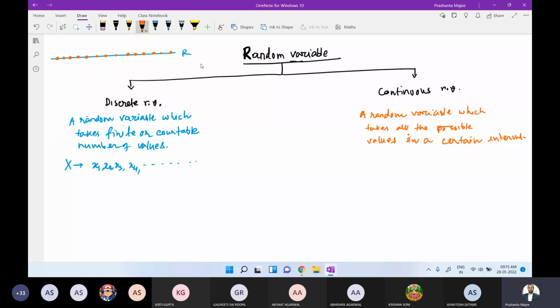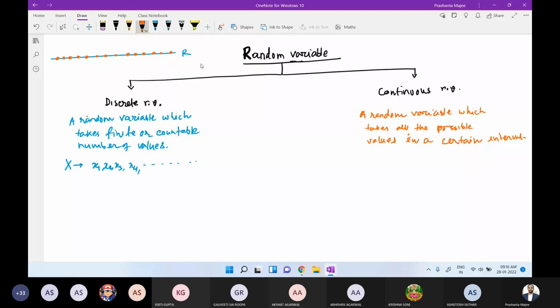One example I can give you is the temperature of the weather. Suppose we are talking about the temperature today at Prayagraj. It may be from 10 degrees to 20 degrees, and theoretically any value is possible: 10.1, then 10.11, then 10.111.